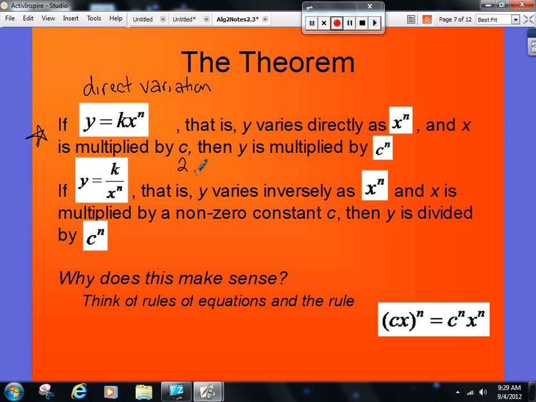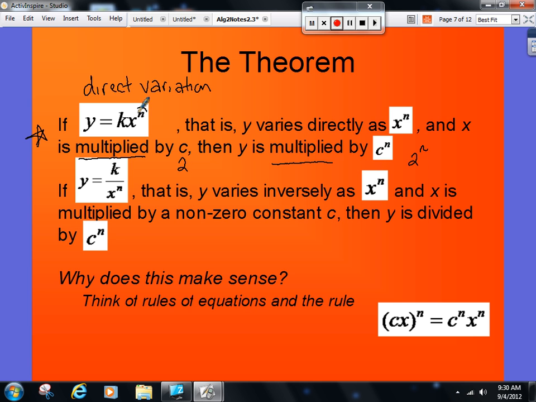Let's say that I have some relationship and I want to double x, and I want to see what happens to y if I double x. Well, y is also going to be multiplied because x was multiplied, and if one is multiplied, the other has to be multiplied, and it would be multiplied by 2 to the n power.